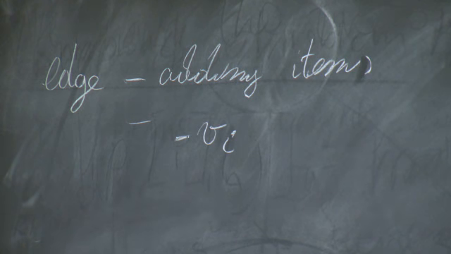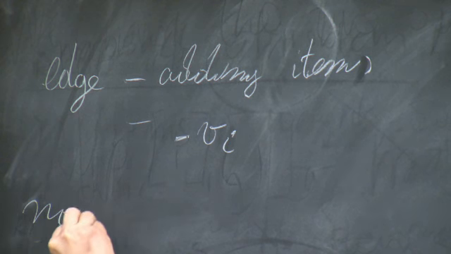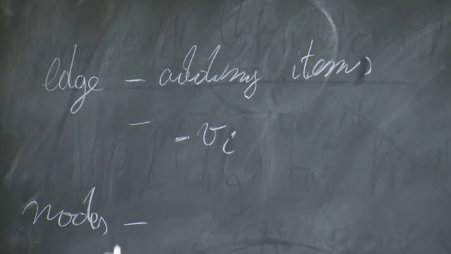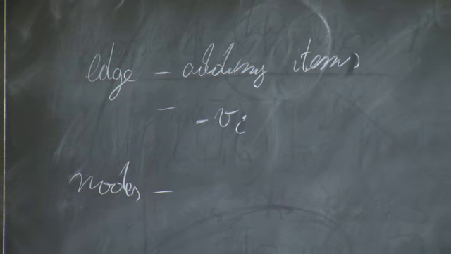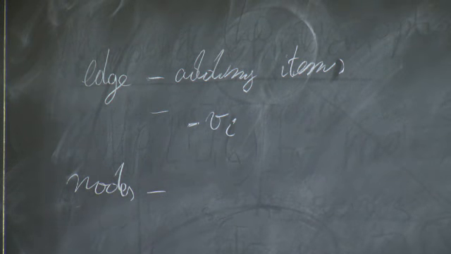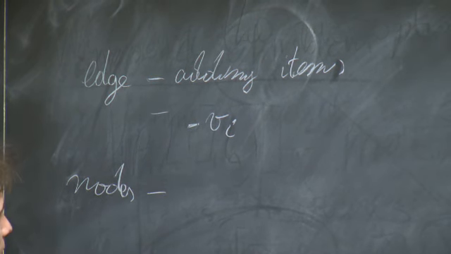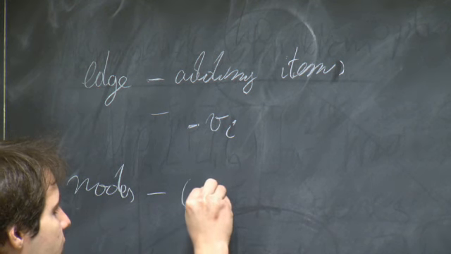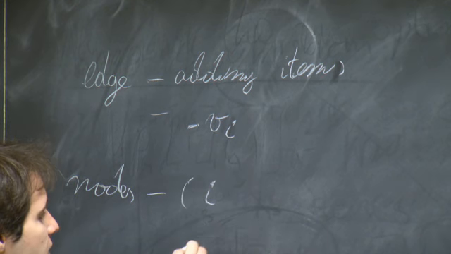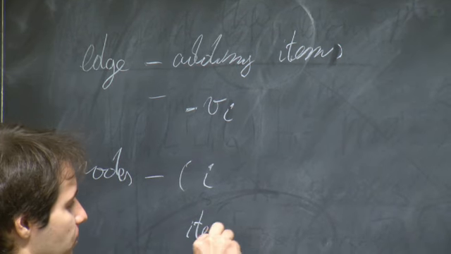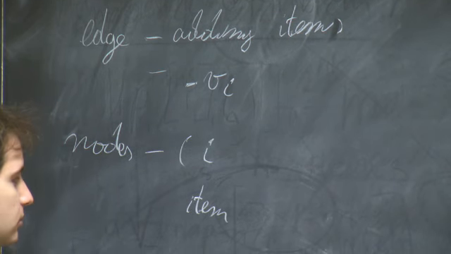OK, so what's a node? A unique set of items. Sorry? A unique set of items. OK, so the state in a node is going to have I, which is the item that I'm looking at, because this way I'm going to have one node for each item.